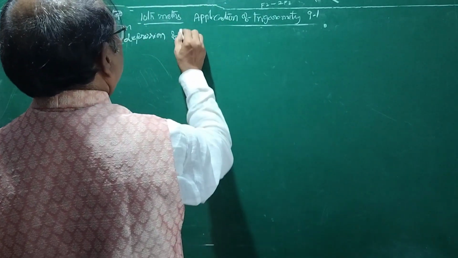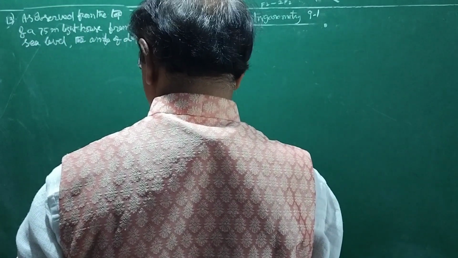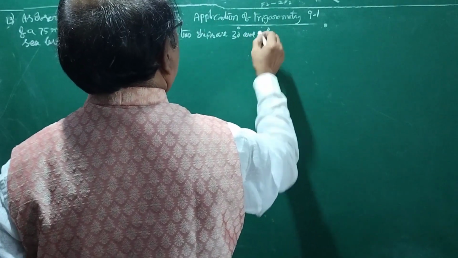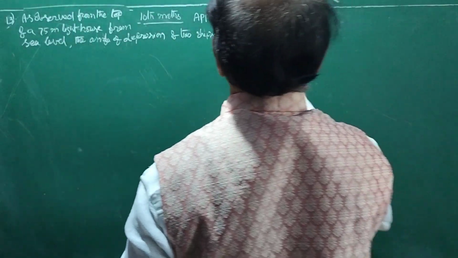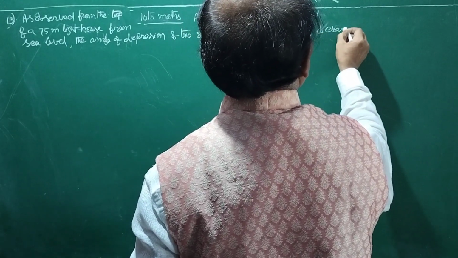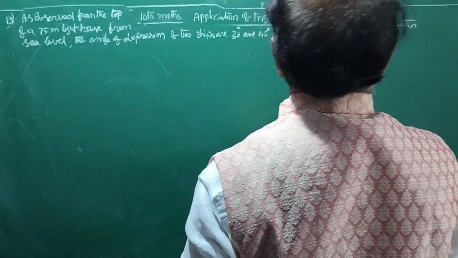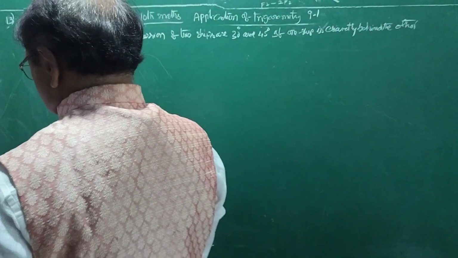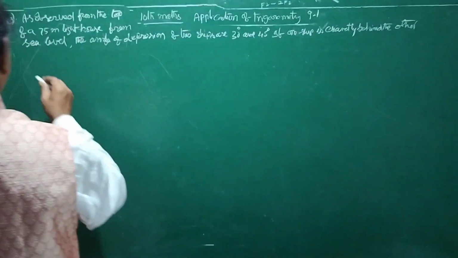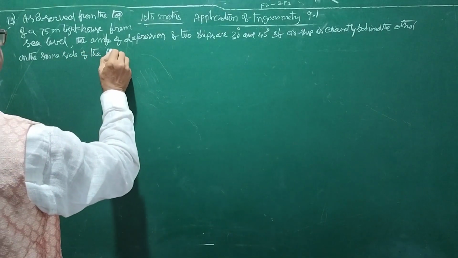Two ships are, one ship is exactly behind the other, on the same side of the lighthouse line.